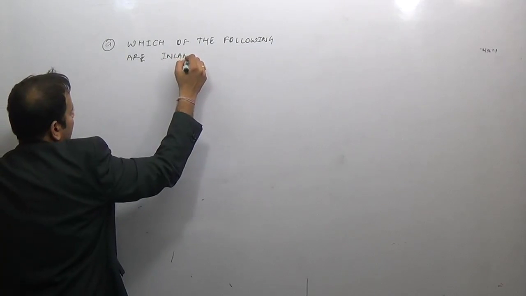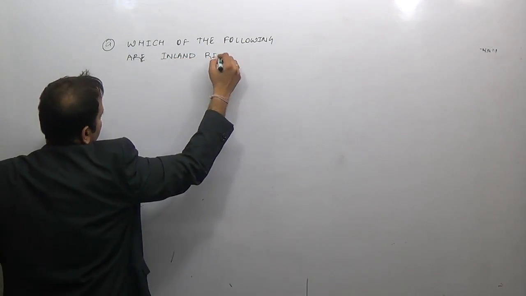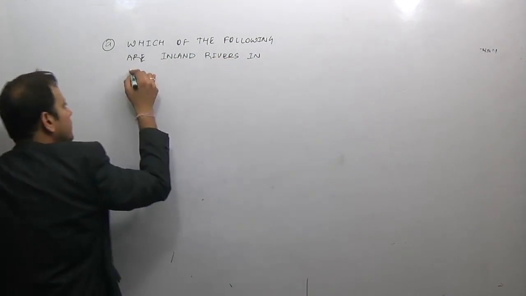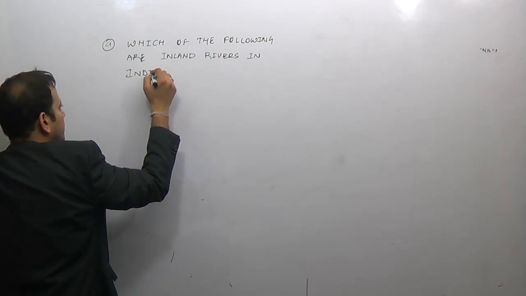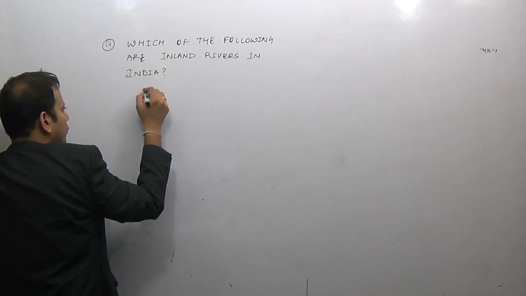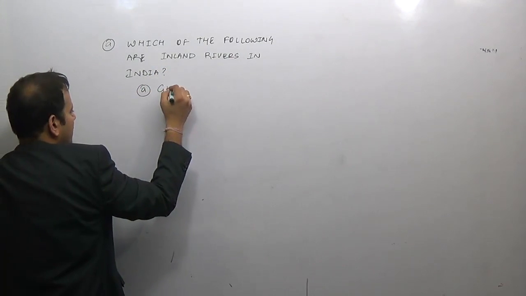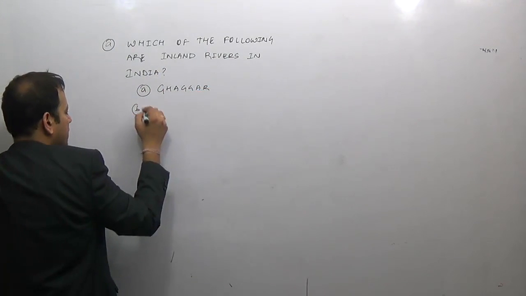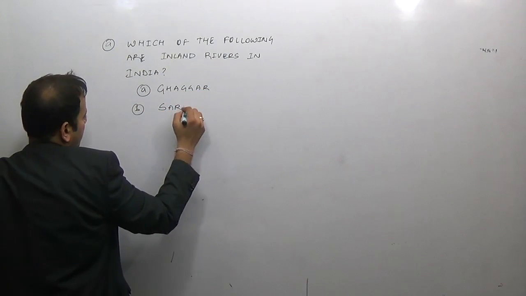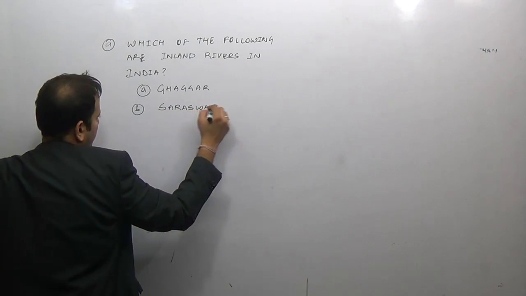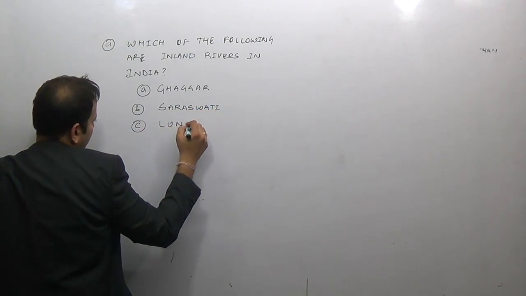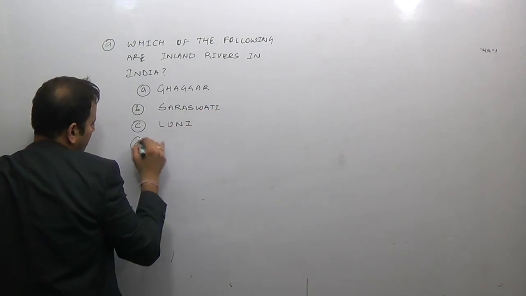A is river Ghaggar, B is river Saraswati, C is river Luni, D is river Banas.